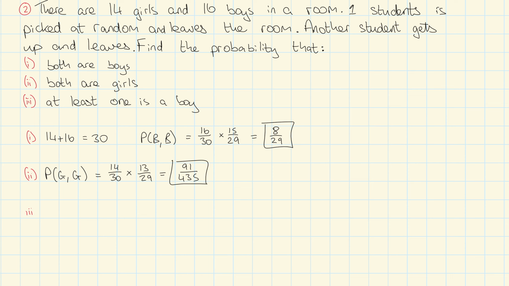And part 3 here, at least one is a boy. Again, that word again tells me 1 minus the probability of none. So we've actually figured that out already. The probability of none would mean the probability of a girl followed by a girl, which is 91 over 435.